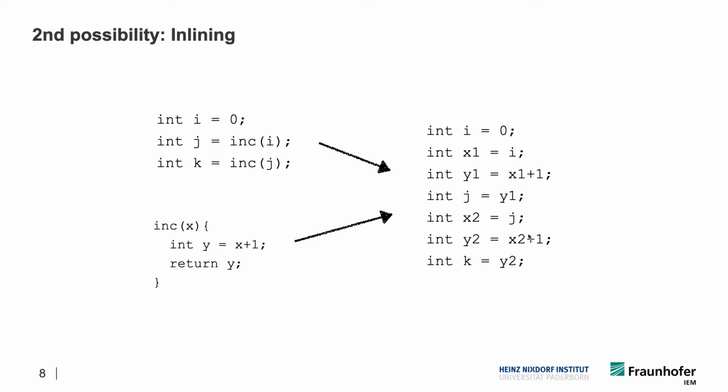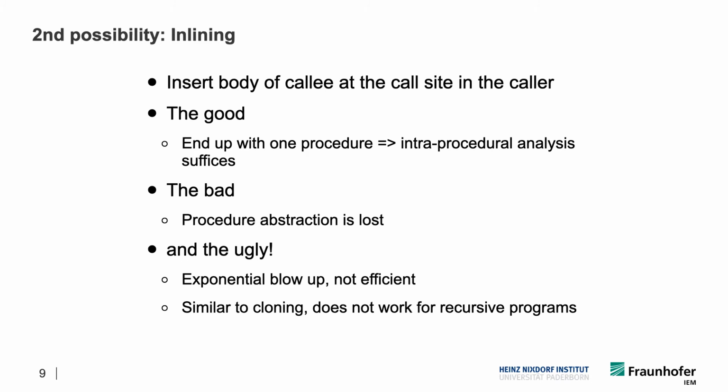When you do this all the way through your program, you basically end up with a single procedure modeling the entire behavior of this once potentially very large program. So that's a second possibility. You insert the body of a callee at the call site into the caller.